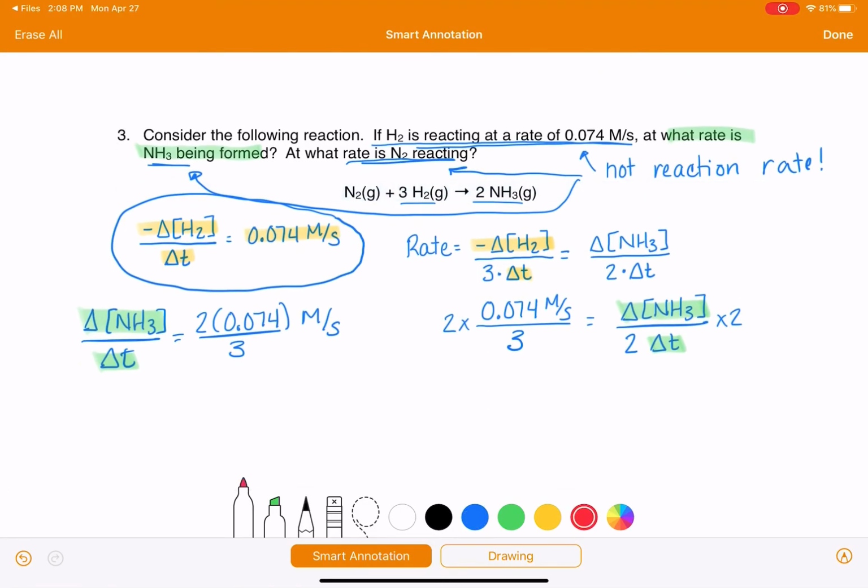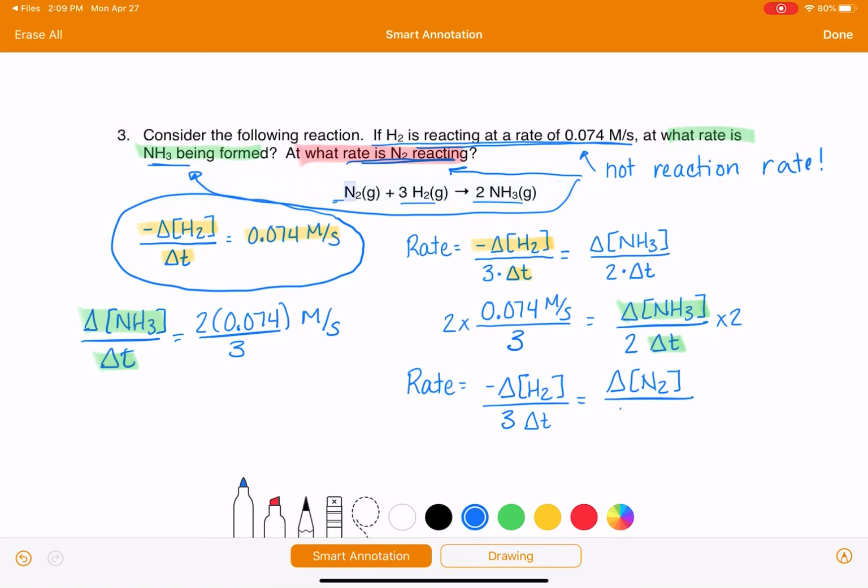If we want to figure out the last part, at what rate is N2 reacting, we're again going to use the reaction rate as the go-between. So for this, the rate negative delta [H2] over 3 delta t is equal to delta [N2] over, what's our coefficient for N2?